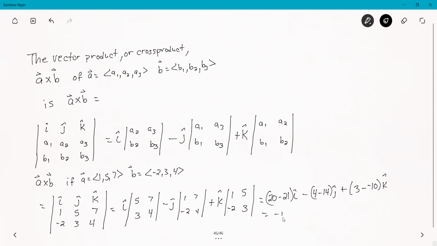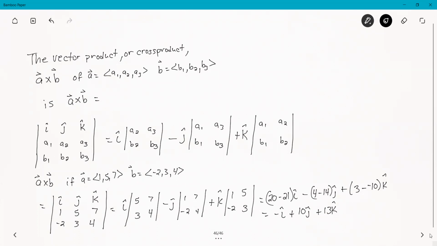So this gives me negative I hat. 4 minus 14 is negative 10, and it's positive 10 J hat. 3 minus a negative is positive, 3 plus 10 is 13 K hat.